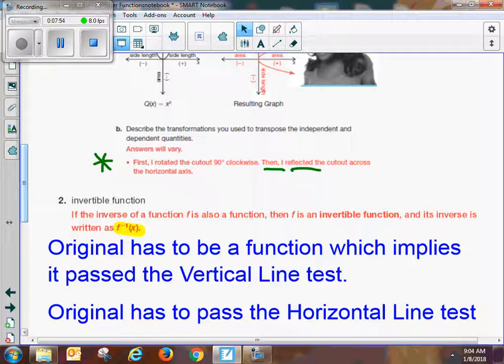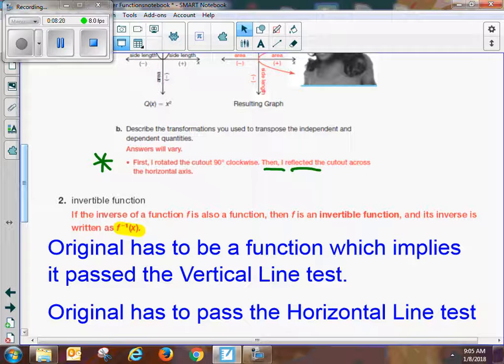So if you're not starting with a function, then it's already not going to be invertible. Okay? So if the given is a function, so look at my hands, is that a function? Yes. Okay? So far I'm starting with the function. And then if I go and do the horizontal line test, if I leap right into that, the horizontal line test would say take a horizontal line across there. Look at that. Is that going to pass the horizontal line test?